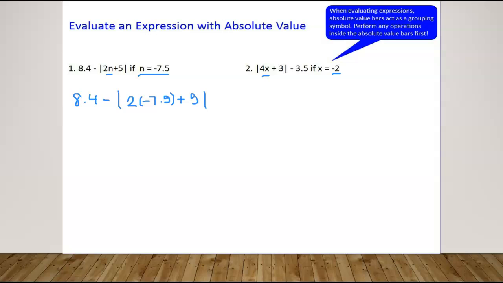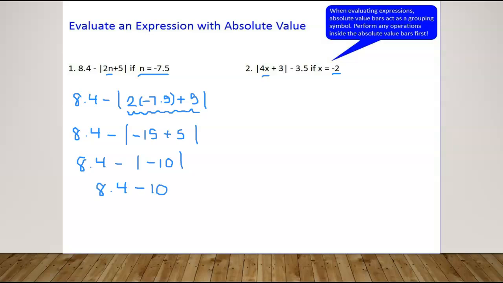You need to simplify what's inside before. So we get absolute value of negative 10, which becomes 10. So you get 8.4 minus 10, which is negative 1.6.